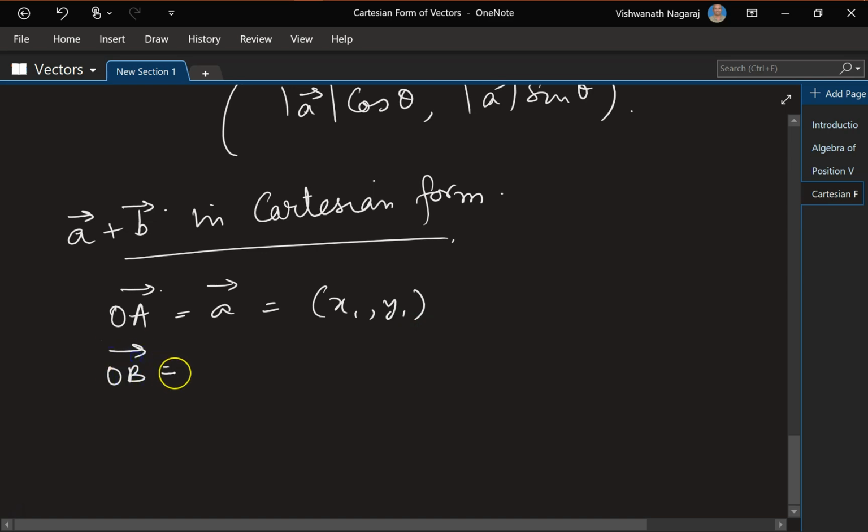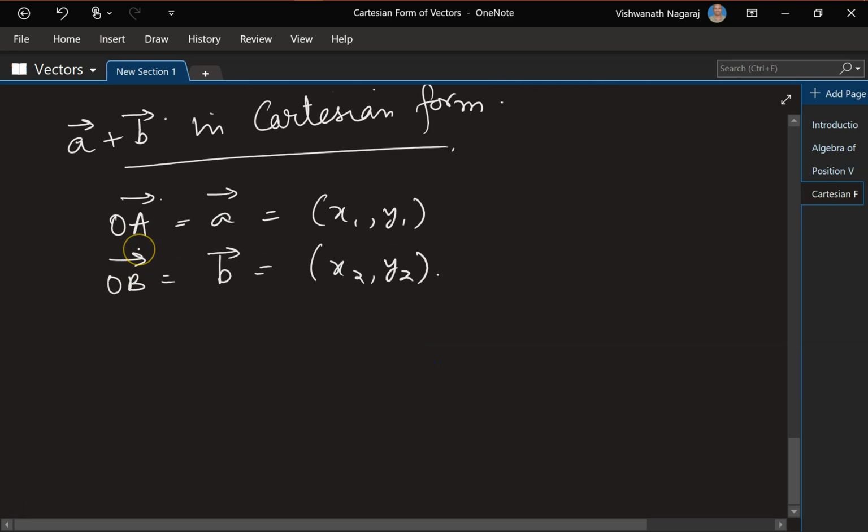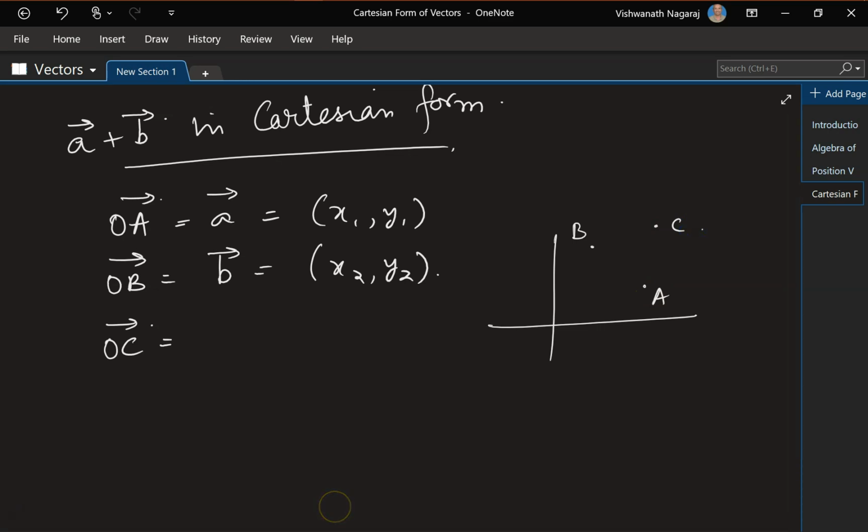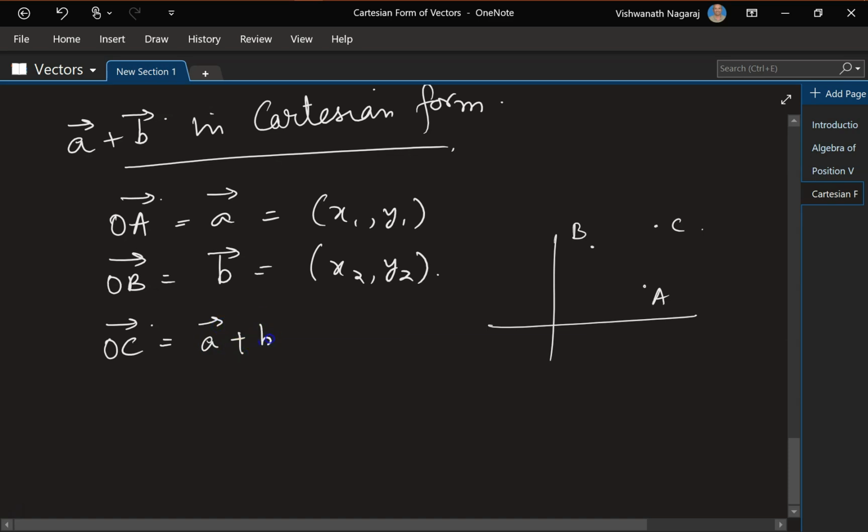Similarly, OB is equal to B, which is equal to x2 y2. Now remember, these two are vectors, position vectors. Now that means the result would be what? Let's draw, let's say this is B, this is A, so this would be C. So OC would be what? OC would be A plus B.